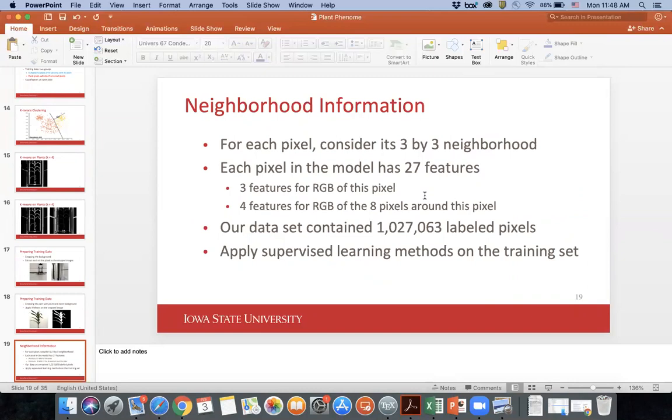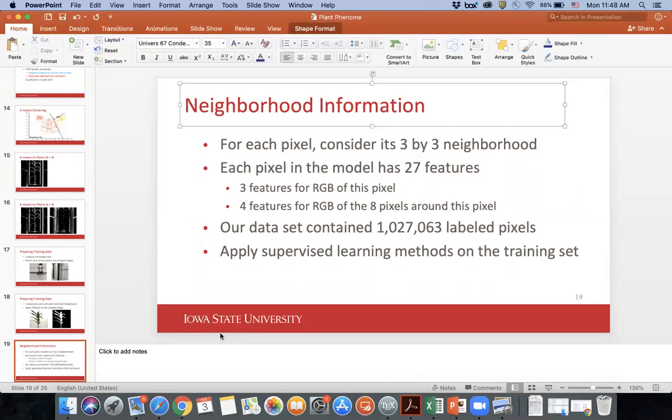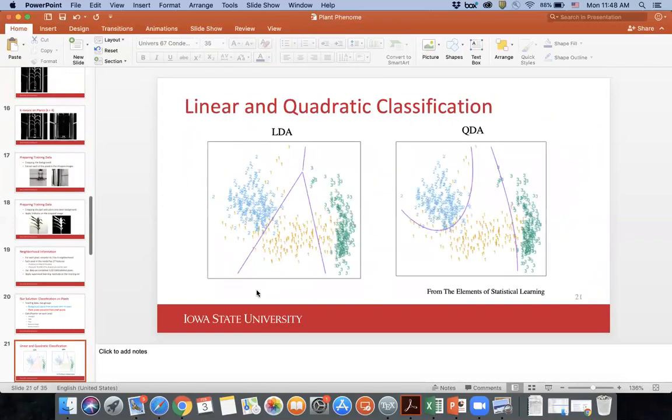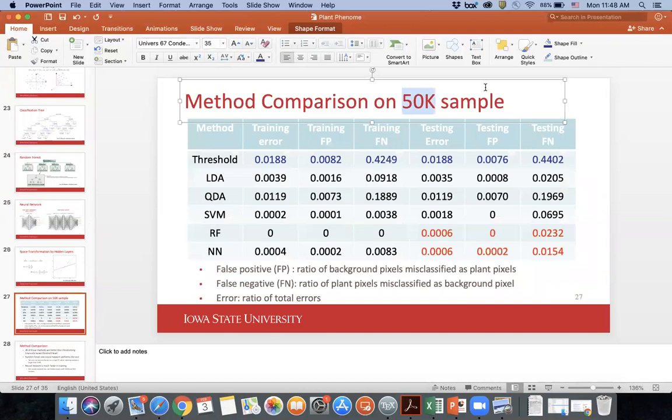For the unbalanced case, we just randomly sample 50,000 from this 1 million. So that's unbalanced: I believe 90% of them are background and less than 10% are plant pixels. This is the result that we obtained from this unbalanced data.